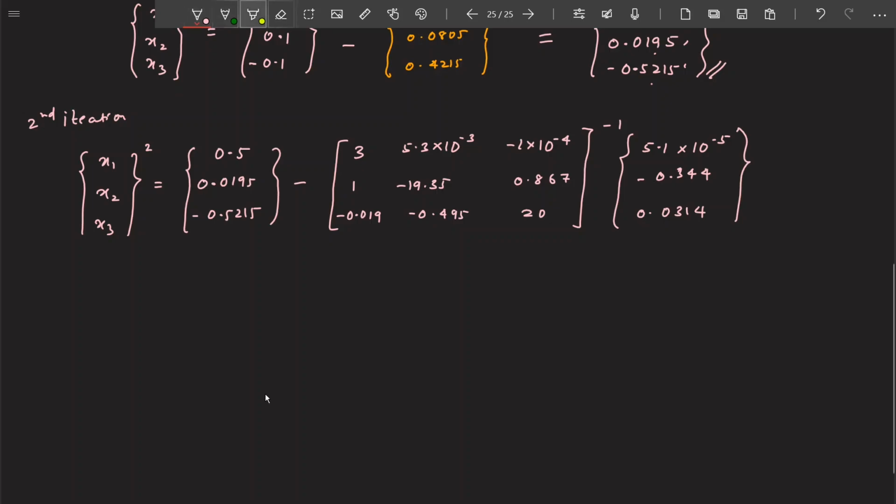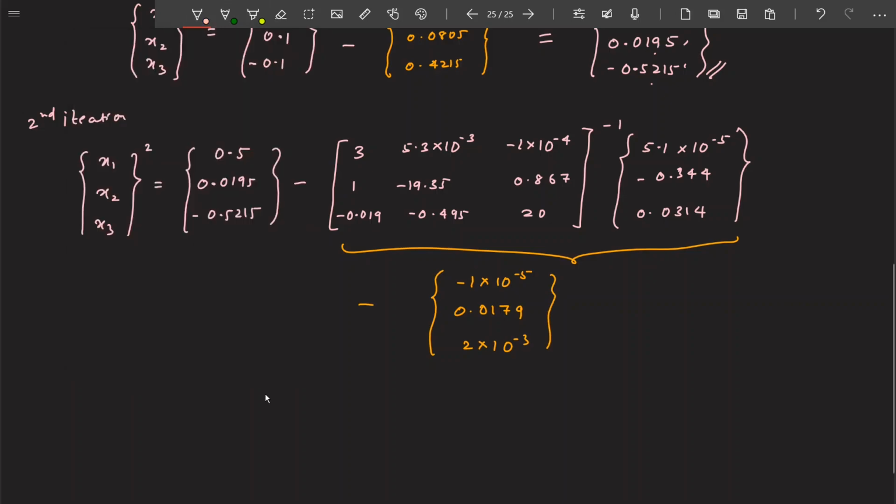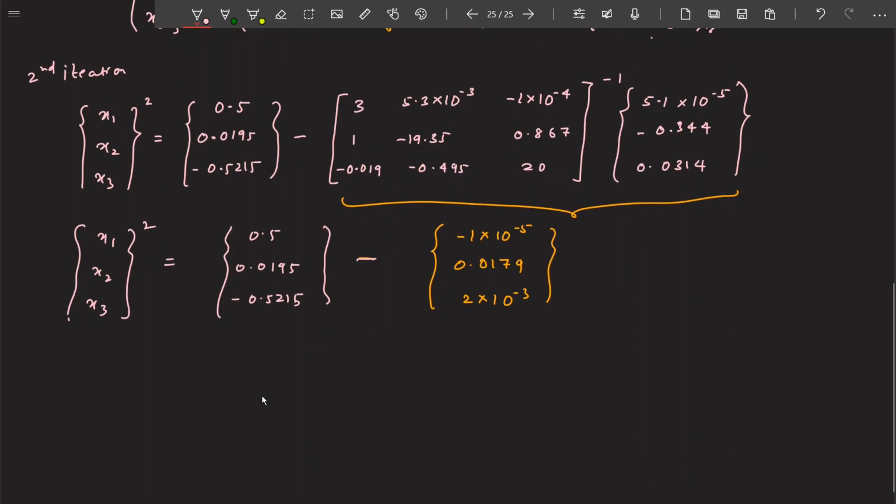So again, if you solve this, do the multiplication, this comes out to be minus 1 into 10 raised to minus 5, 0.0179, and 2 into 10 raised to minus 3, that you have to subtract from the initial value, and that is going to be the value of x1, x2 and x3 for the second iteration.